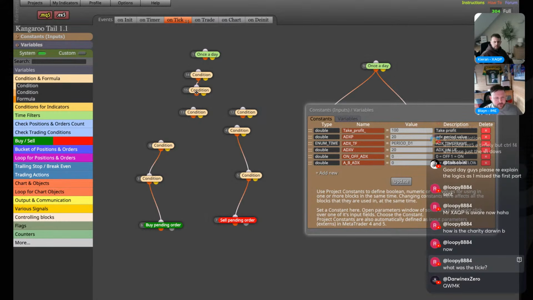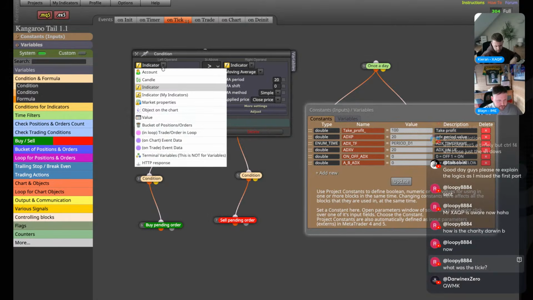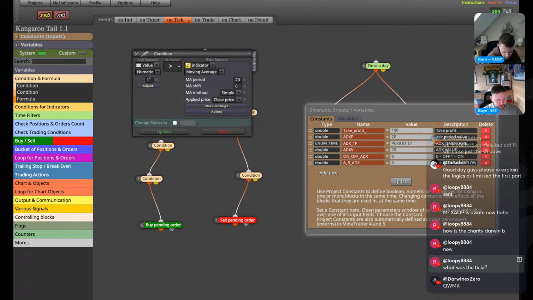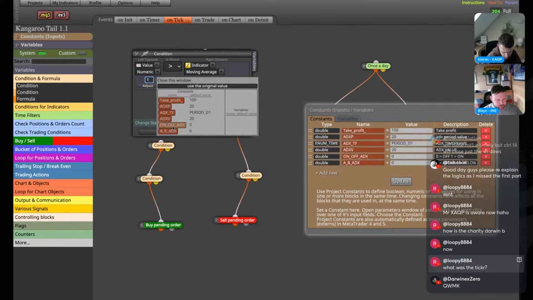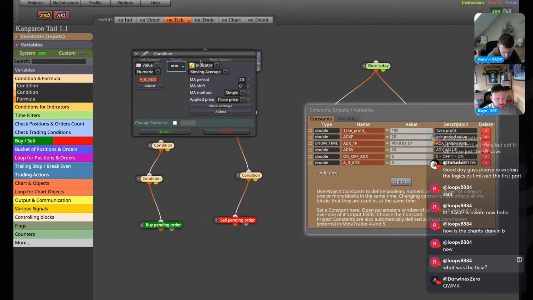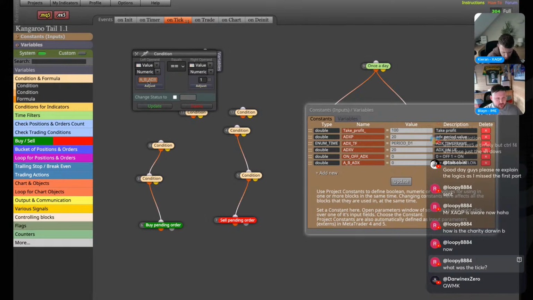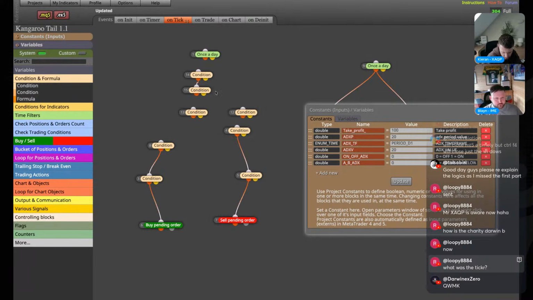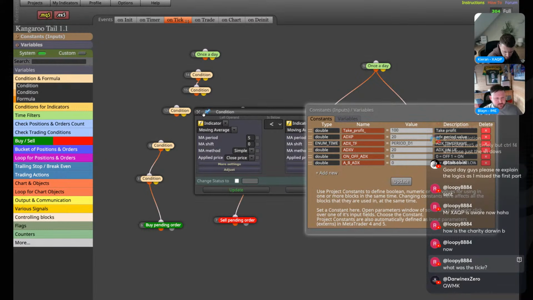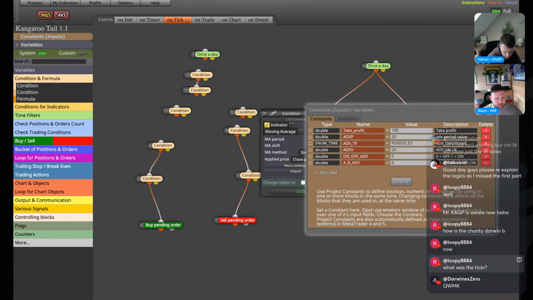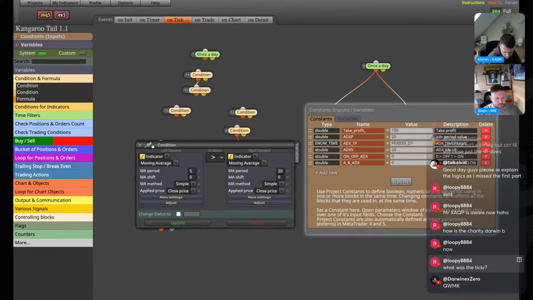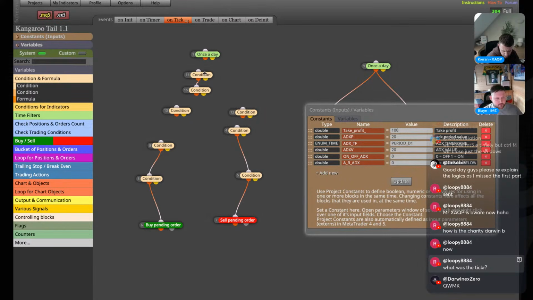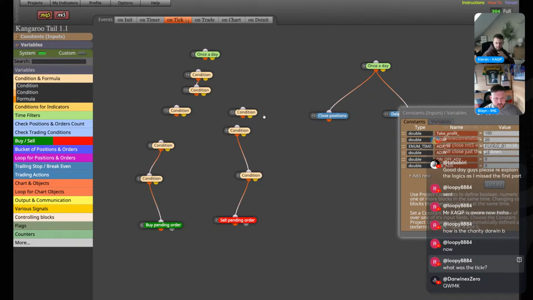I don't know why that's done that. Sorry, I just need to make it again. So if B equals 1, 1 equals below, that doesn't work either. This is so weird.